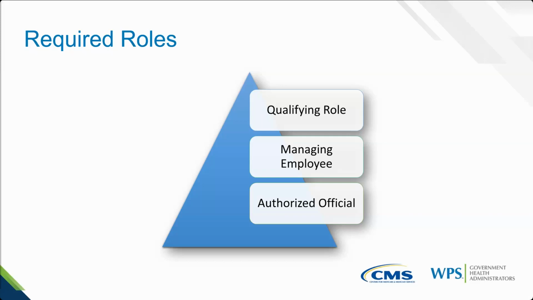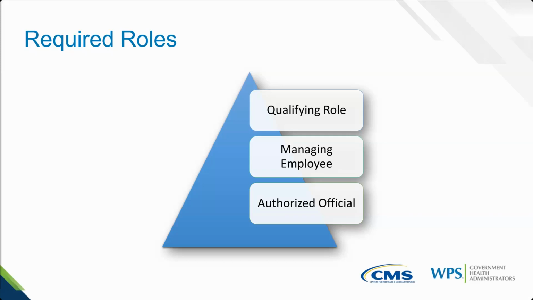Now, we have to have all 3. I want to be clear, though, that it doesn't mean you have to have 3 different individuals meet these roles. When you're filling out the CMS 855 applications, you'll see the list of roles in the section. You could have the same individual listed with the qualifying role. So let's say you have a direct owner, that's a qualifying role.